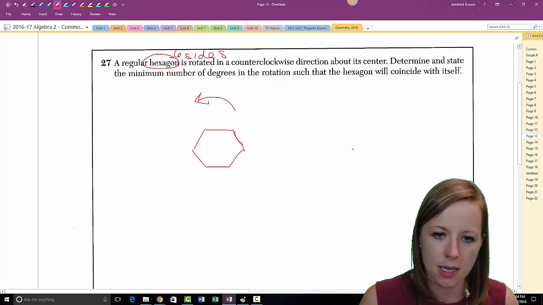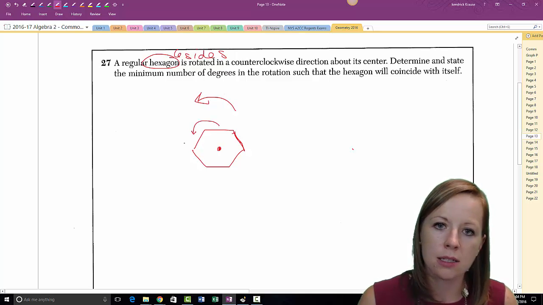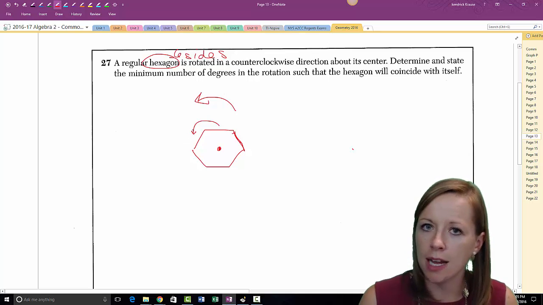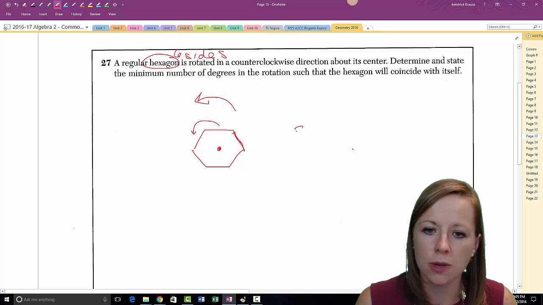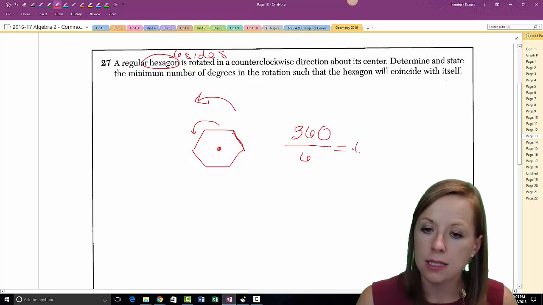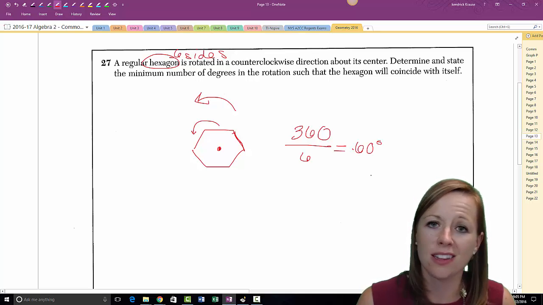That is 6 sides, center of rotation. I am turning 1/6 of a full turn. And a full turn in my brain is 360 degrees. Divided by 6, I am turning it 60 degrees. That's all you had to write down. 360 over 6 equals 60.